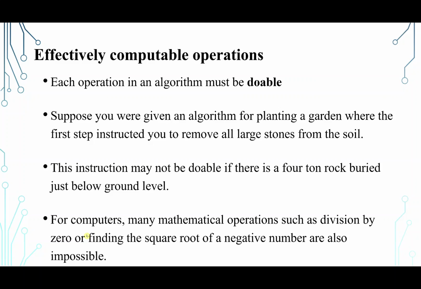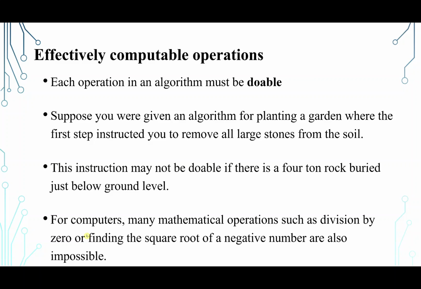This instruction may not be doable if you don't have the right equipment, or if there is a 4-ton rock buried just below ground level and you only have a shovel.